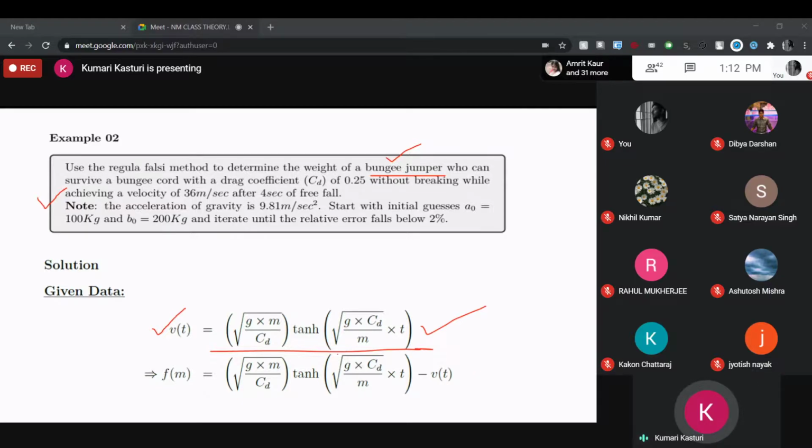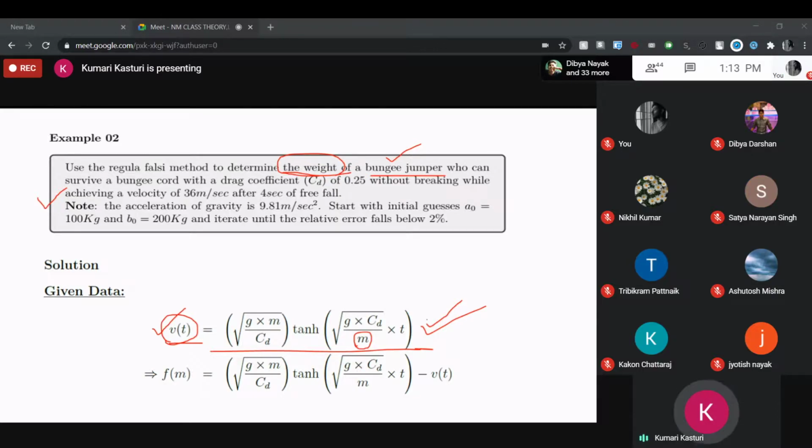From this equation, the question is given to you: use the regula falsi method to determine the weight. Weight means mass; the unknown thing is weight. This is the generalized equation of a bungee jumper, in which the velocity equation is this one. From this, you have to calculate the m value.